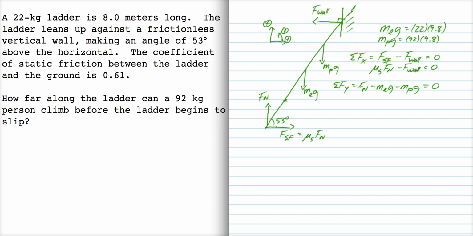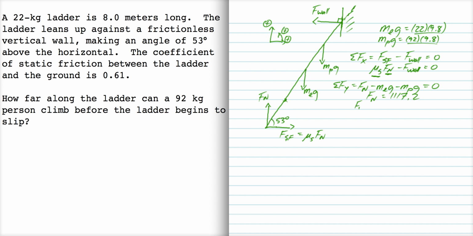Now I can actually solve for the normal force. The normal force is 1117.2. If I add up this plus this, I get the normal force. I have the wall force too if I want it, now that I know the normal force, and I'm given mu sub s is 0.61. So I might as well.